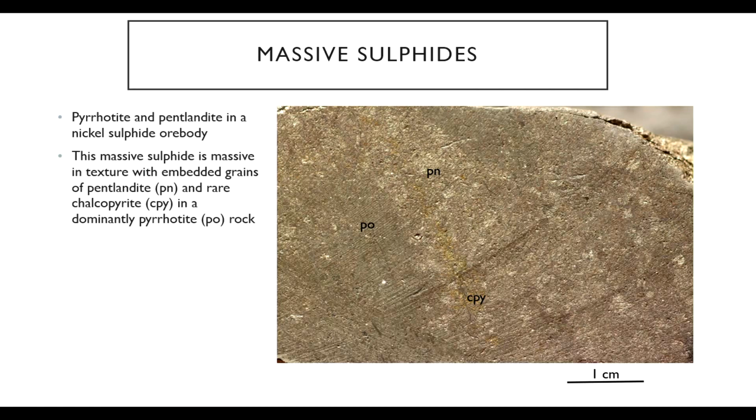So here's an example. This is a sample where we have pentlandite, a nickel sulfide. In this case, it could be some sort of magmatic immiscible fluid case.